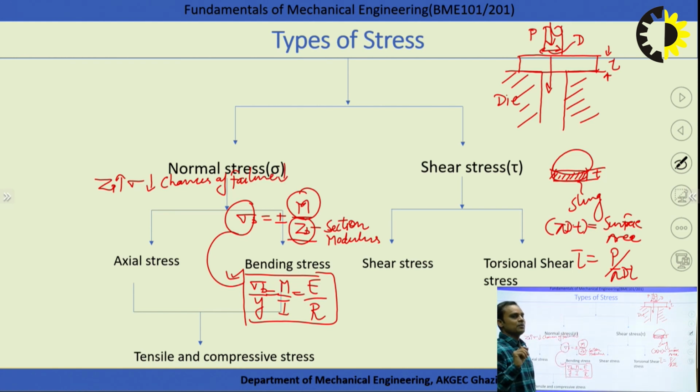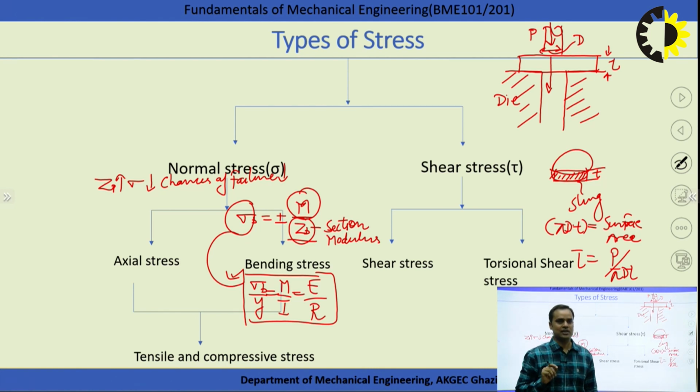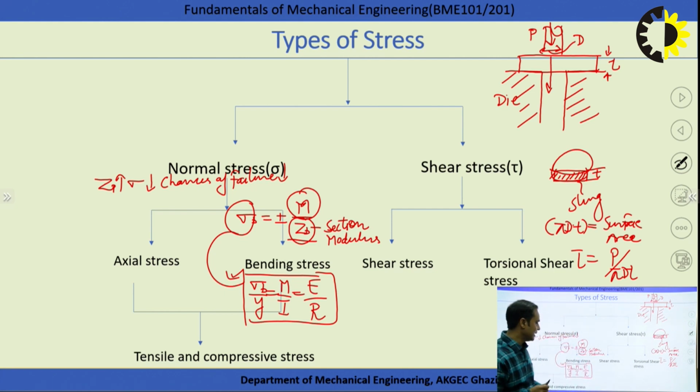So whenever we have to consider the shape of any section against bending, we have to consider the section modulus. Any section which has the greatest section modulus offers more resistance against bending, right? Similarly, axial stress is a type of normal stress.